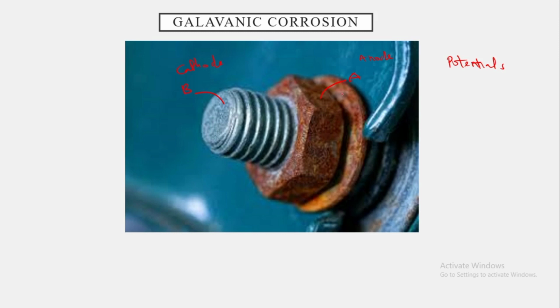When the cathode area is larger than the anode area, what do you think will happen? The cathode will be able to accumulate more electrons from the anode. What I'm saying is, let's take iron undergoing dissolution: Fe becomes Fe 2+ plus 2 electrons.